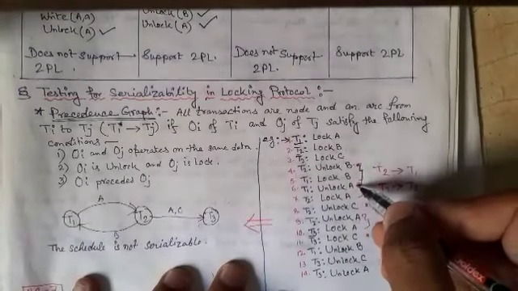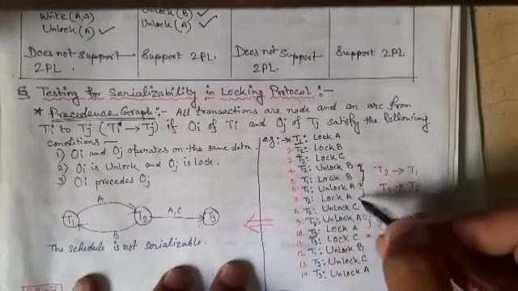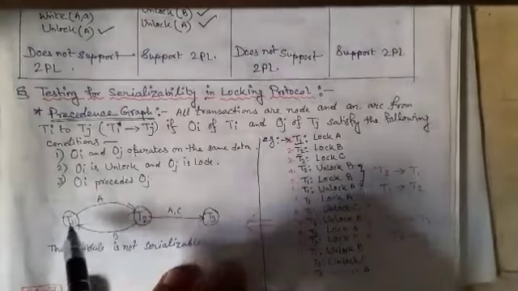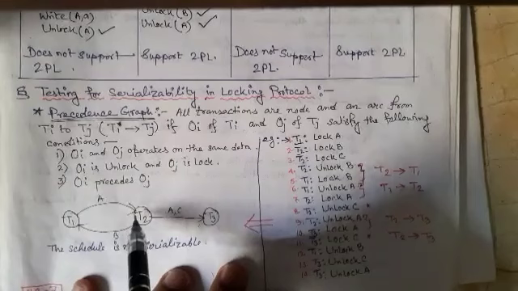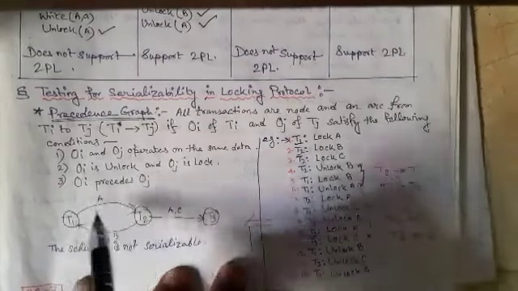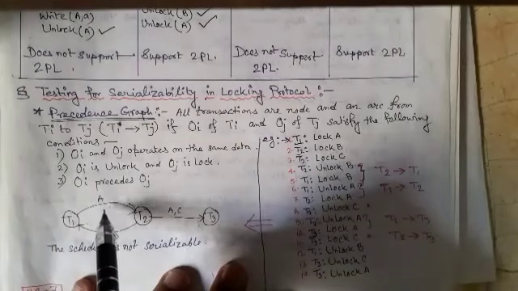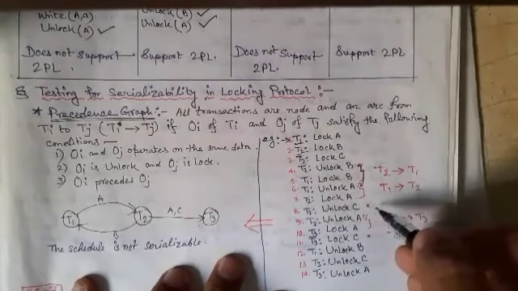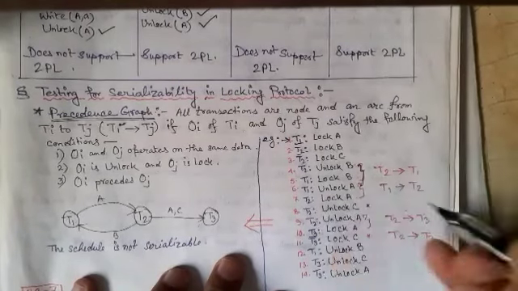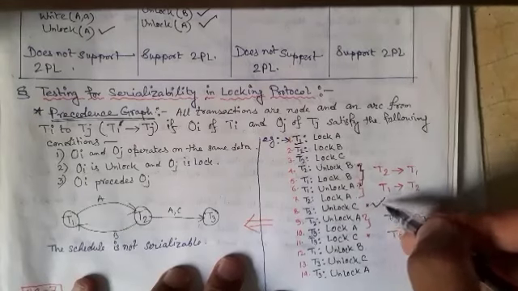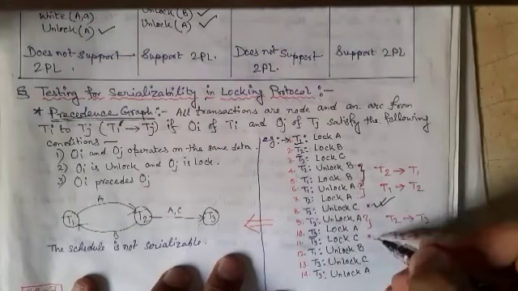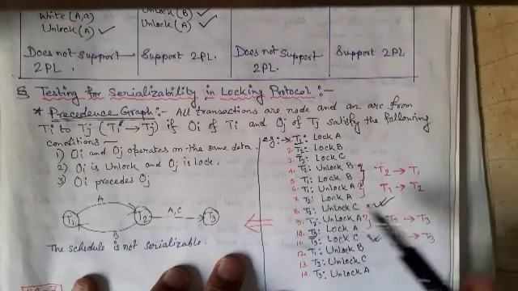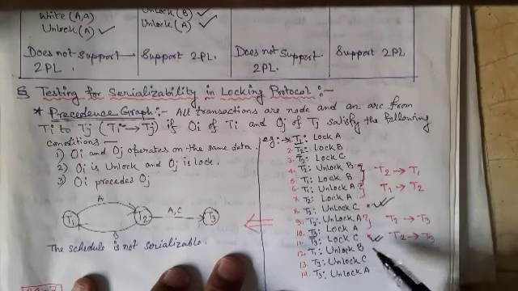Now here unlock A for T1 and lock A for T2. So we can write T1 arrow T2. So we give an arc from T1 to T2 with the label A, that will be item A. Now here unlock C for T2 and lock C for T3.